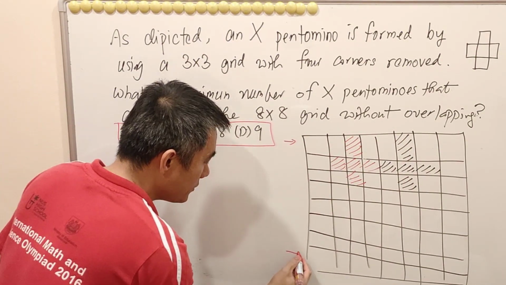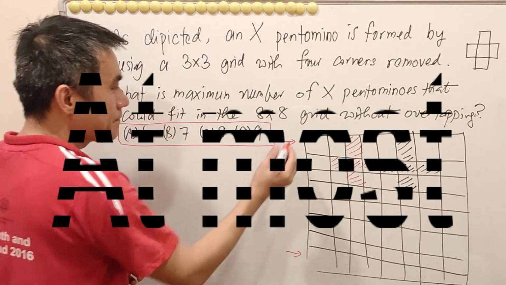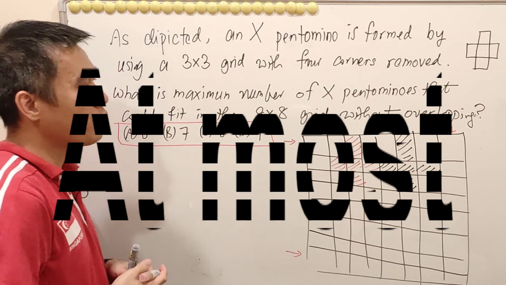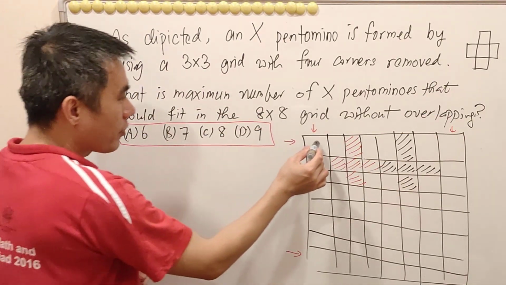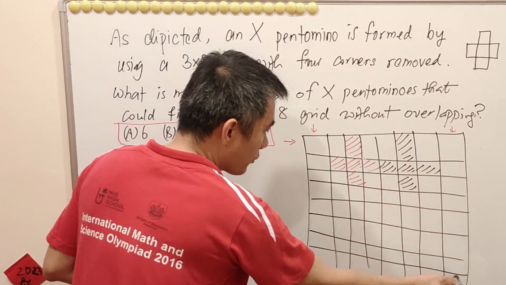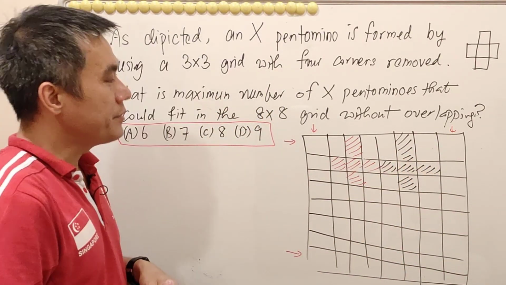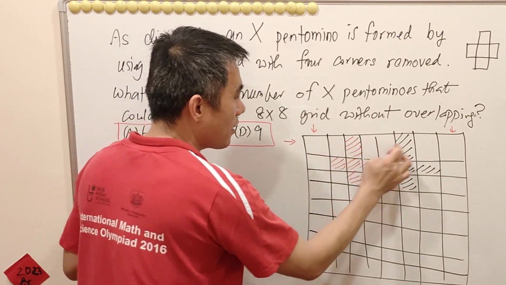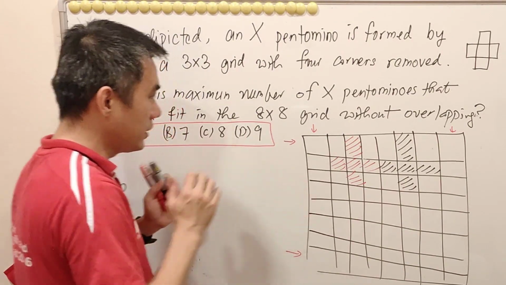Similarly, for this row, 2 squares will be occupied, and for these 2 columns, also 2 squares will be occupied. And note that none of the corners will be occupied. It means that from the first row, there will actually be 6 squares wasted without any Pentomino covering them.